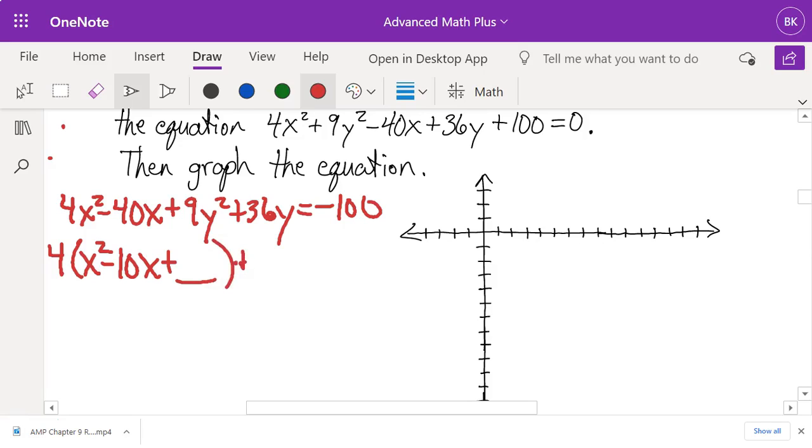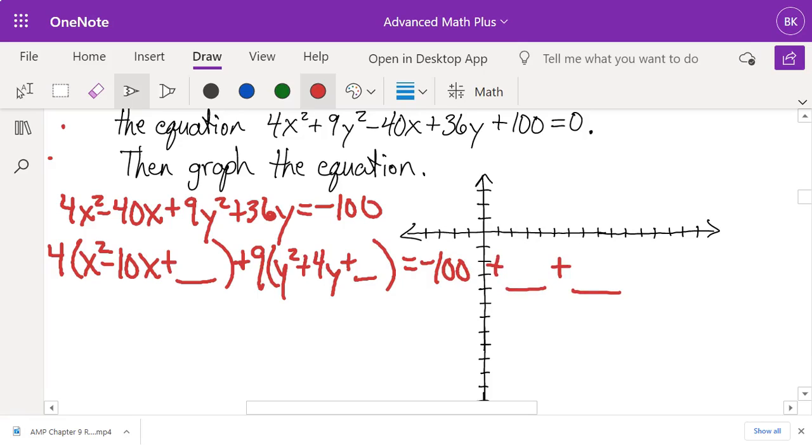Plus, what can I take out of the y's? 9. That's going to be y squared plus 4y plus blank, equals negative 100 plus blank plus blank.